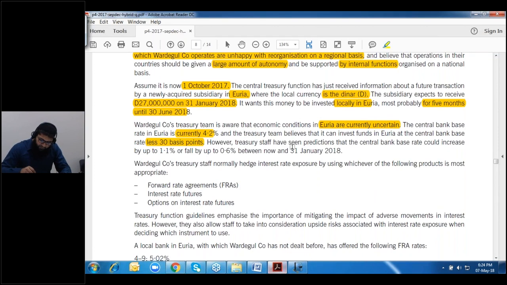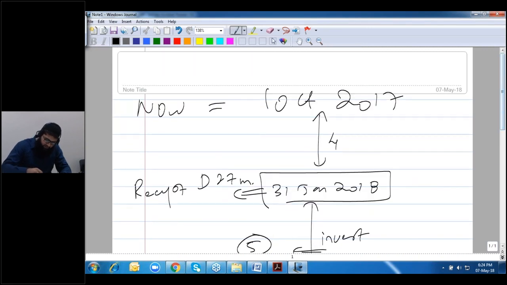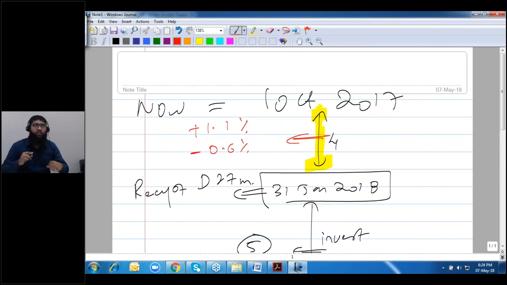However, the treasury staff have seen predictions that the central bank's base rate could increase by up to 1.1% or fall by up to 0.6% between now and 31st January 2018. So what is expected is that interest rates are either going to go up by 1.1% or go down by 0.6%.